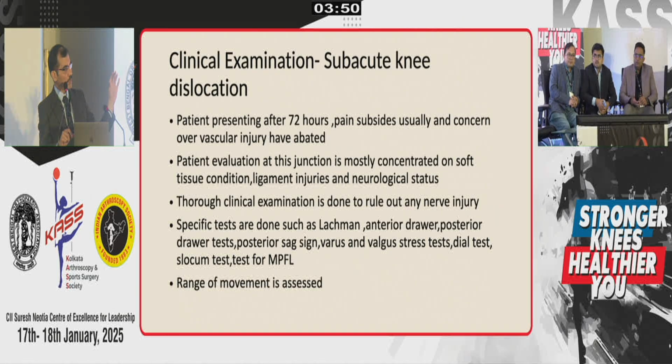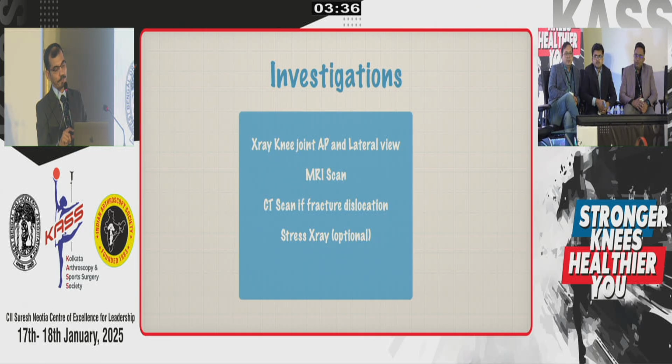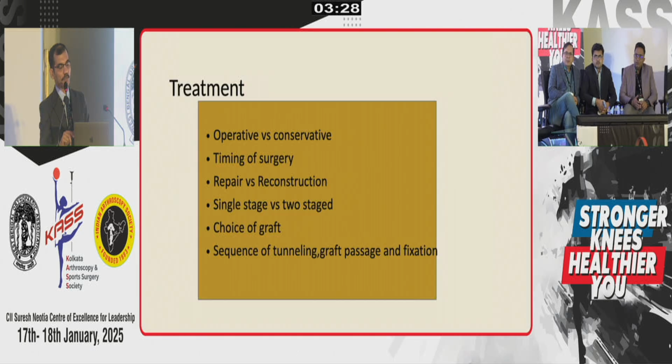I give more weightage to the clinical assessment than MRI, because clinical assessment under anesthesia gives more information than MRI. MRI gives a guideline for you. Remember, a common peroneal injury can leave a permanent deficit in a lot of patients, so counsel the patients appropriately. For investigations, do X-ray, MRI, CT scan, and stress X-ray if needed, not for all the patients. If you have a doubt, then you can get a stress X-ray also.